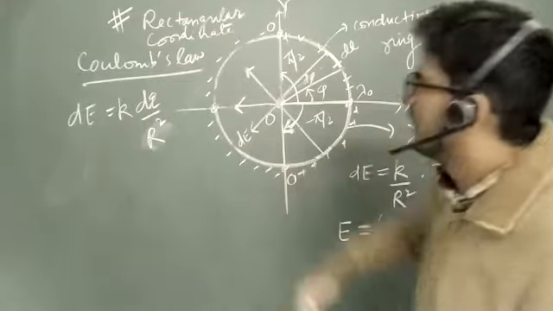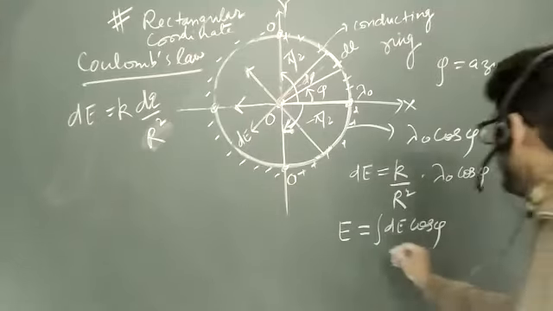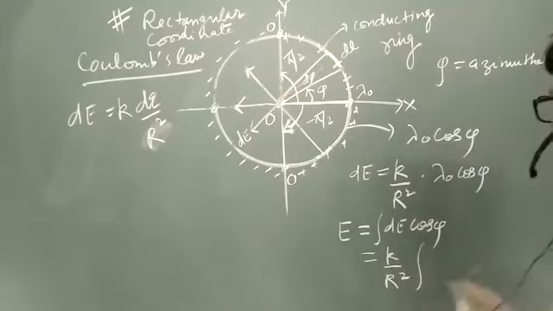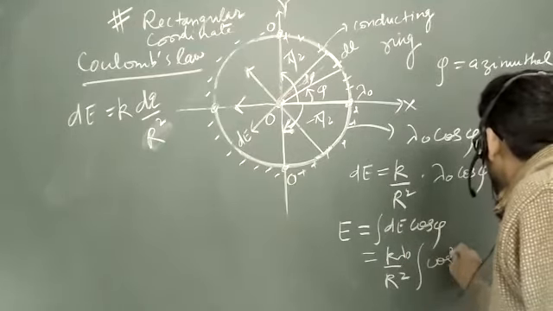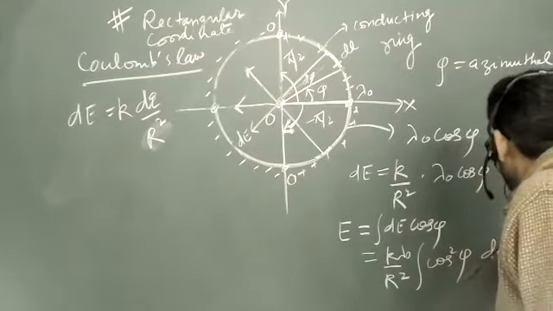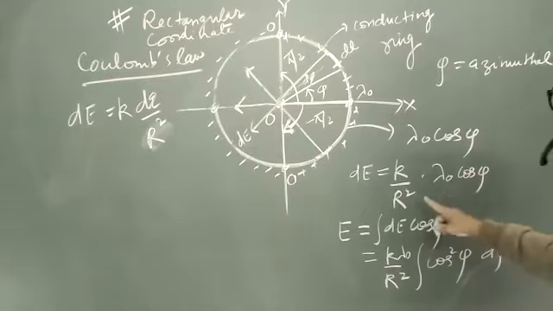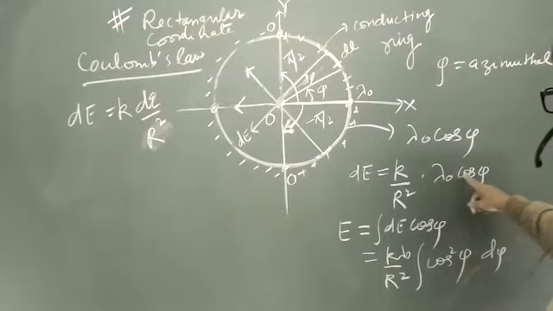Can you see all of the cos components are added? Yes, sir. So it will become k by r square integral, lambda naught will be outside, and it will be cos square phi d phi. Sir, R d phi. dl is equal to R d phi. dq is lambda into dl.